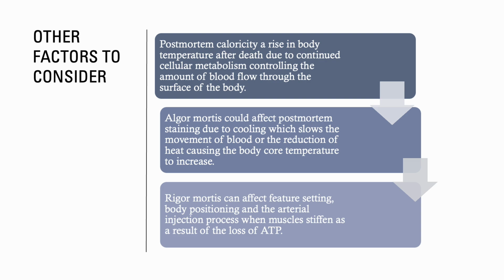Then we have algor mortis, which is the cooling of blood, and rigor mortis, which is the stiffening of joints due to the loss of the ATP molecule. Another note worth mentioning here is the use of storing bodies in refrigeration. This process helps to preserve the body's appearance and allows for a longer period of time for the embalmer to prepare the body by slowing down the natural decomposition process.